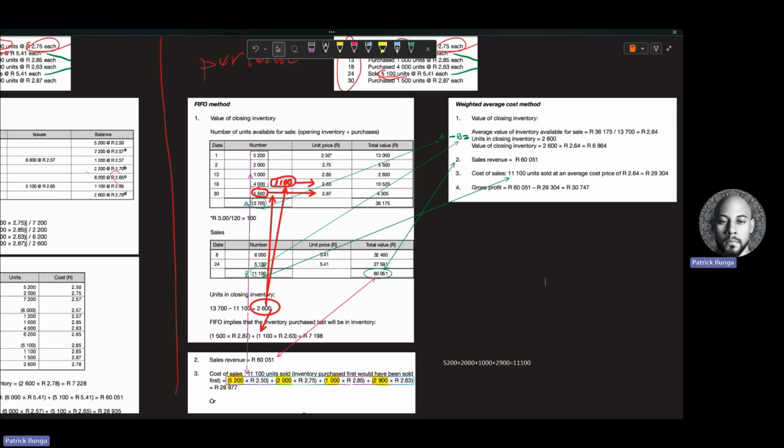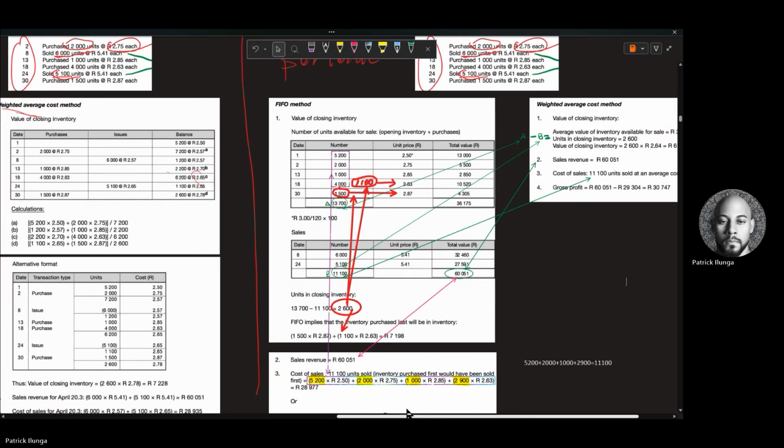So this 2,600, which is the closing number of units, we're going to multiply by the 2.64 for the period average. Not a transaction average, a period average. That's the difference. For the periodic, you take the period average multiplied by the closing number of units, gives you the closing value. The sales revenue is the same, like we said. Okay?